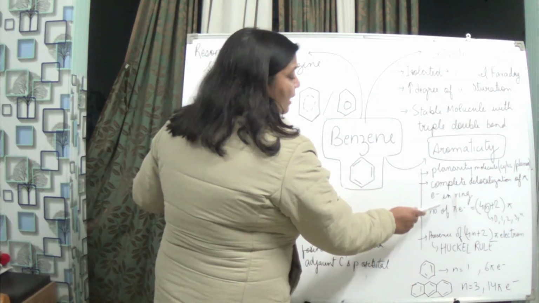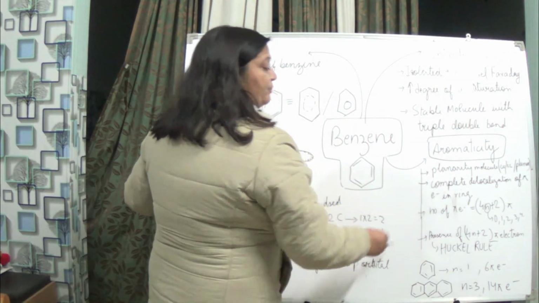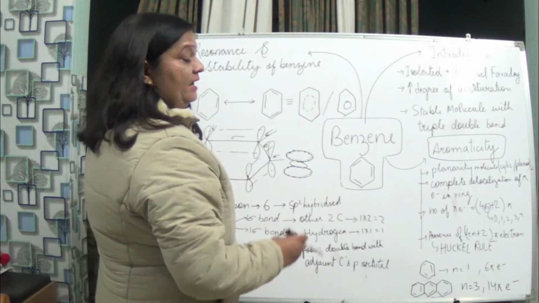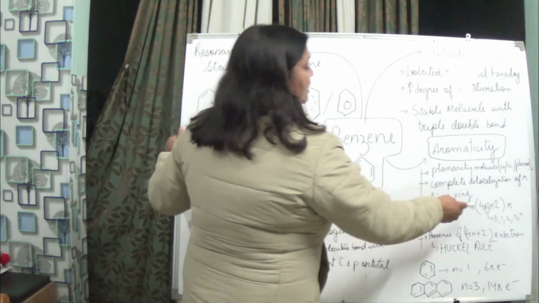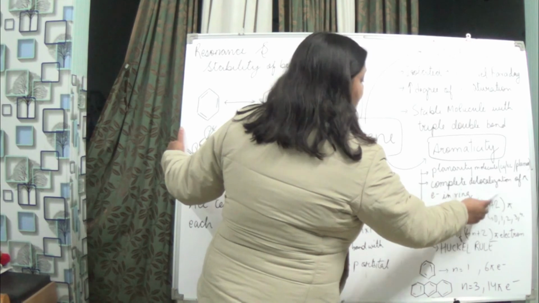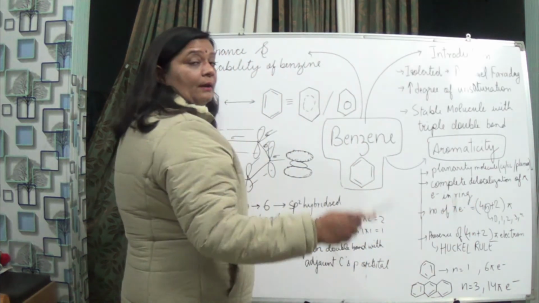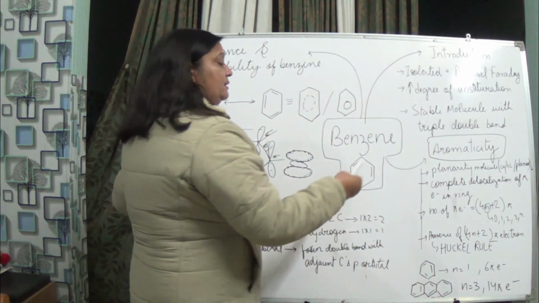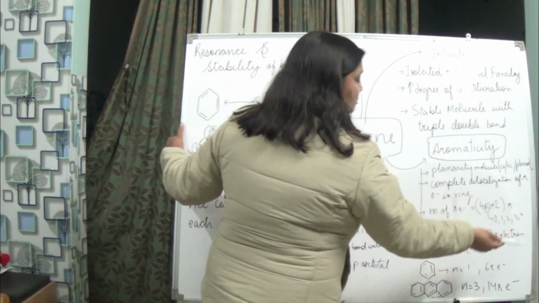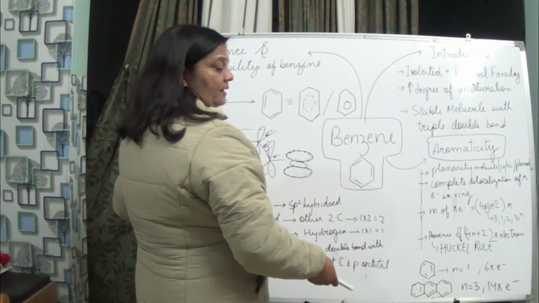The number of pi electrons is calculated by the formula 4n plus 2, in brackets pi. Here n can be 0 or any natural number, you can take it.